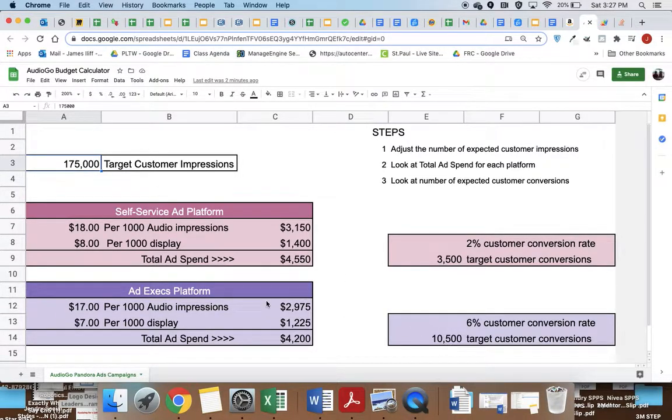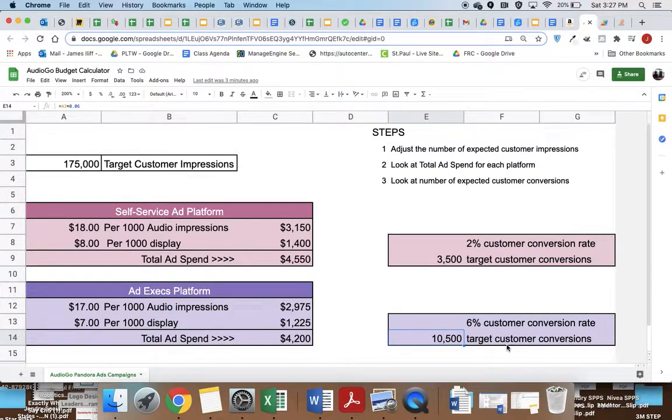And then, okay, so let's see. Remember that the conversion rate is a lot higher for ad execs. It's 6% conversion rate as opposed to 2% conversion rate for self-service. So what does that translate to? What's 6% of 175,000? That's 10,500. So 10,500 people will click on the display graphic on average.